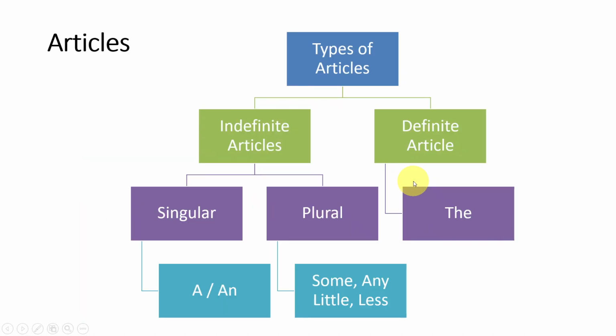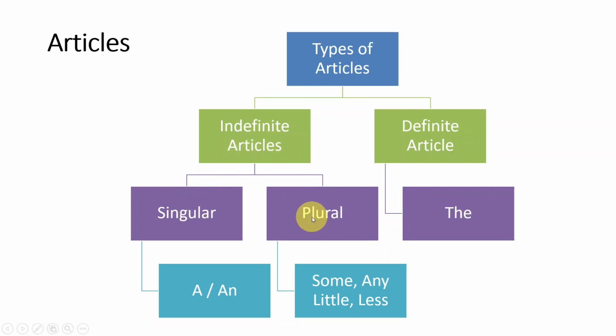The next part of grammar, and a very interesting one, is the articles. It's a very confusing topic to someone who is new to the English language. But once you understand it, once you categorize it, once you see the patterns and the relationships, it's very easy. First of all, we can subdivide it into indefinite articles and definite articles. The word the is the definite article in English.